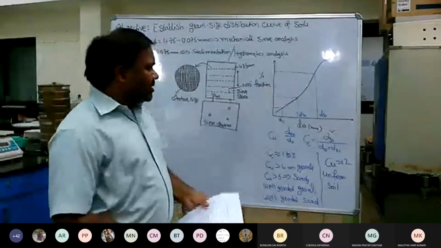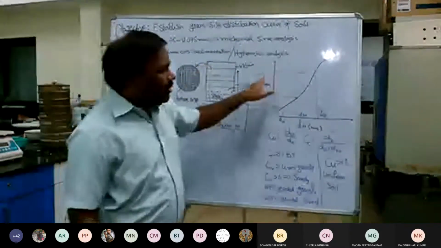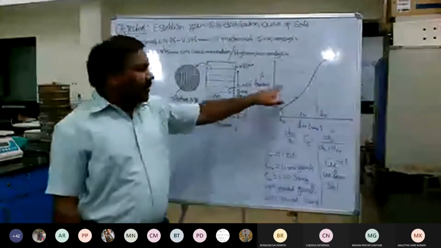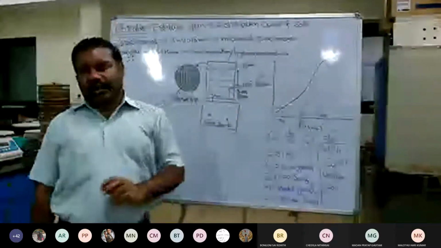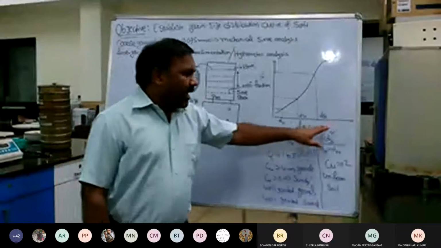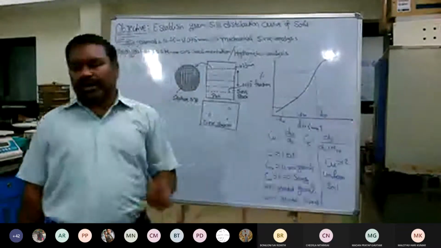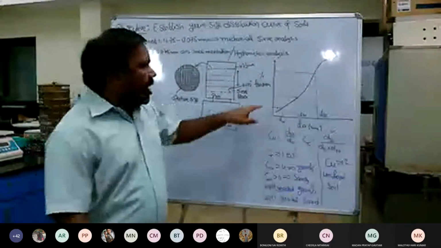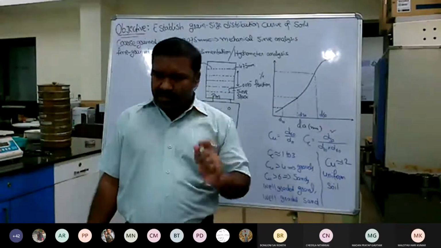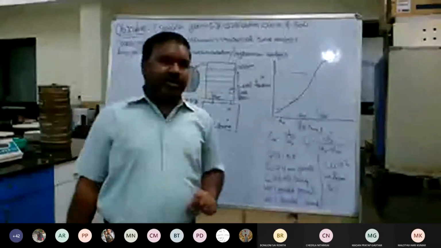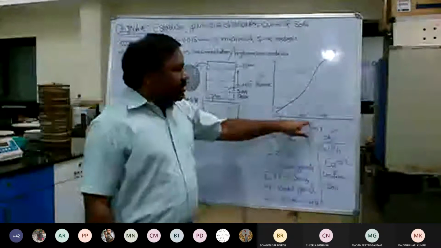The grain size distribution curve is a relationship between the particle diameter versus the percent fraction. So on the x-axis, you are going to take the diameter of the particles. On the y-axis, you are going to write the percentage proportion of that particular size fraction.